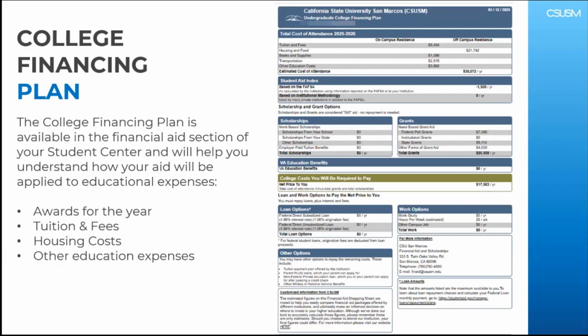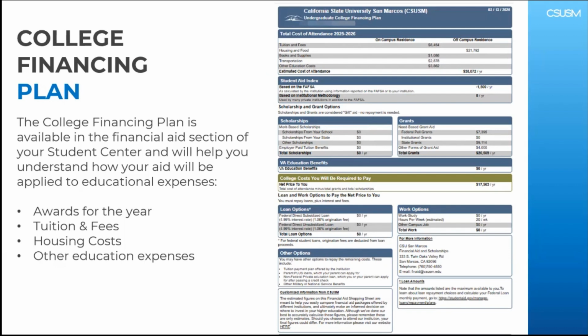When you log into your My CSUSM account and you go to your student center, there is what's called a college financing plan. This is designed to help you take a look at what your estimated costs of attending are, what financial aid has been offered to you, and what your underlying costs are going to be.